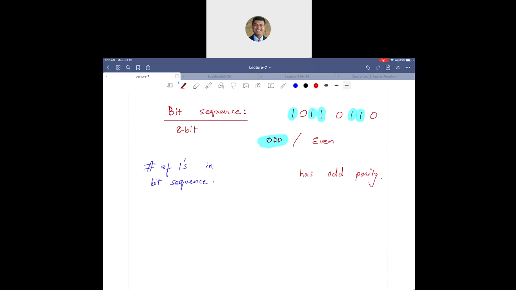Now with this, parity can be very, very helpful. Whenever we communicate between, say, a transmitter and a receiver, or whenever we store information onto a disk, we can use this parity bit, one or maybe more than one, to ensure that we secured the data onto the disk safely.